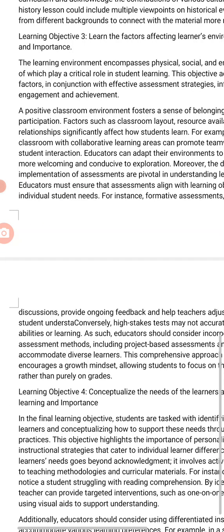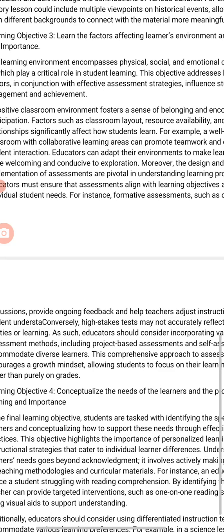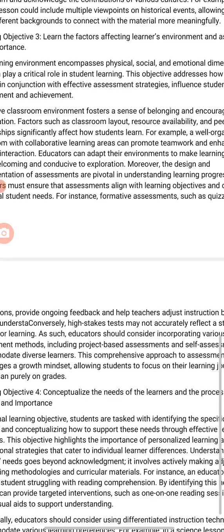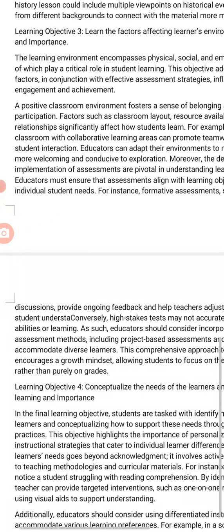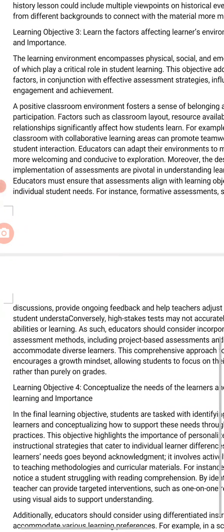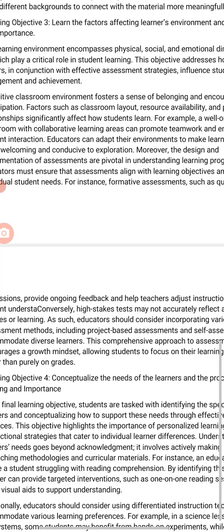Okay, and it enhances students' interaction. Now, educators can adapt their environment to make learning spaces more welcoming and conducive to exploration.